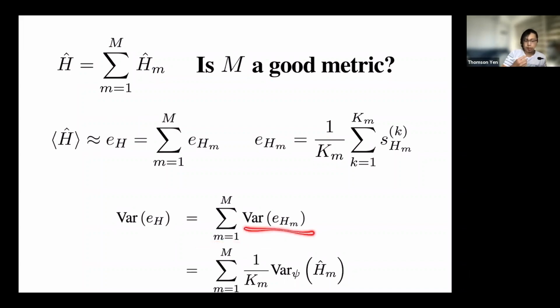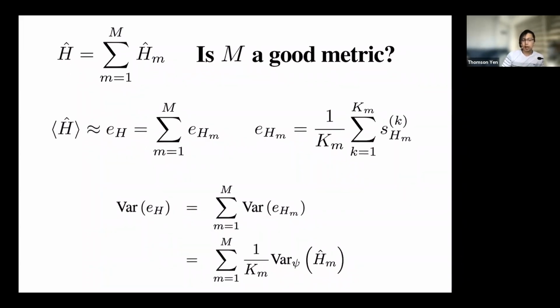The variance of the individual estimator, you could figure out to be 1/k times the variance that came from quantum mechanics. So if you look at the variance of your sample, this would give you the quantum mechanics variance of your HM operator. And the 1/k factor comes from the fact that when you take the variance of this factor, it gives you 1/k squared, and you're summing over a bunch of samples that all have variances of HM.